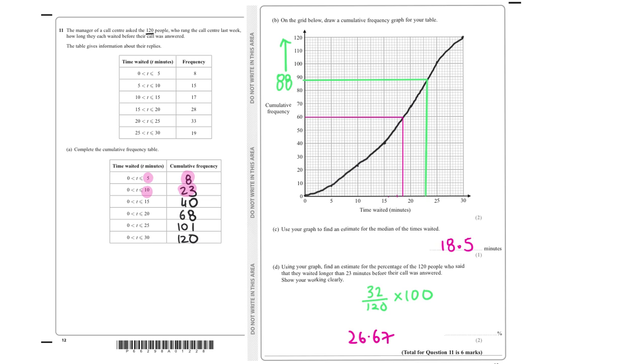Okay, so it doesn't say, I would round it to one decimal place, 26.7%. Okay, so in the mark scheme, the range here is between 17 to 20, if your graph is correct. And the range here is between 25 to 29%. Again, they're still looking for the same working out though, so that's really good. They always have a bit of a range on this one because some people do draw their graph a bit funny.